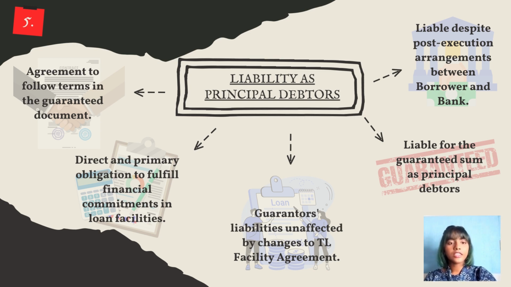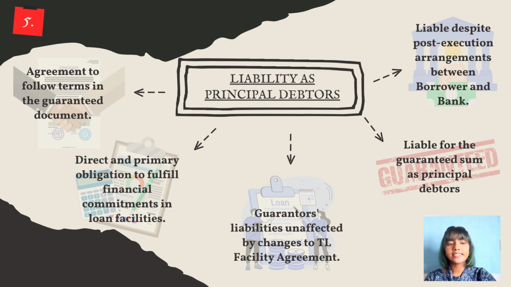The third is that the guarantor's liabilities remain stable and unaffected by any changes, amendments, or renewals of the term loan facility agreement, maintaining their commitment as the principal debtors. The fourth is the liability for the guaranteed sum as principal debtors.